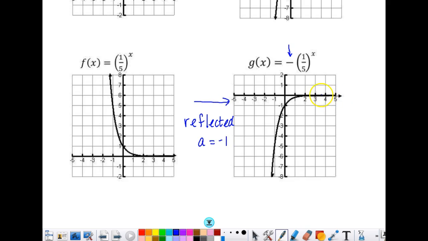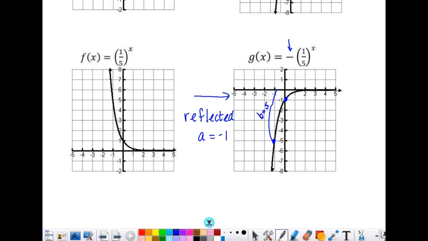Let's just find the b here for fun. Here's flat, flat, flat, here's our first point and our second point right here. So the b is 5. It kind of appears that it might be a negative 5, but b is technically always positive.